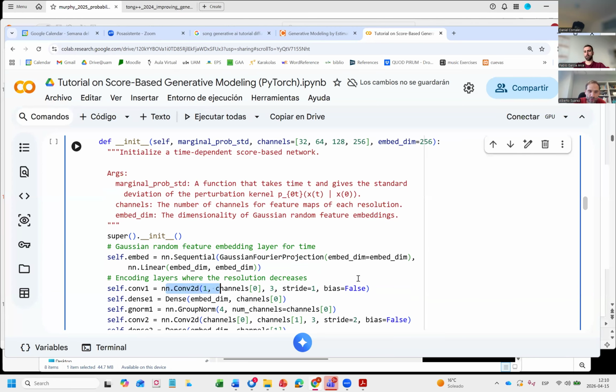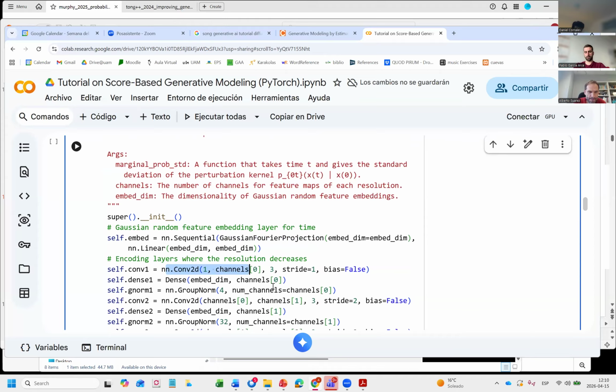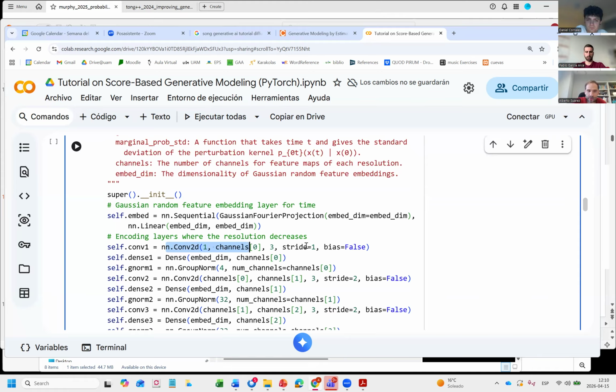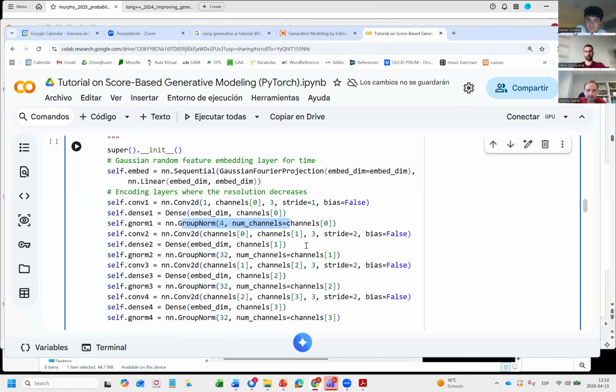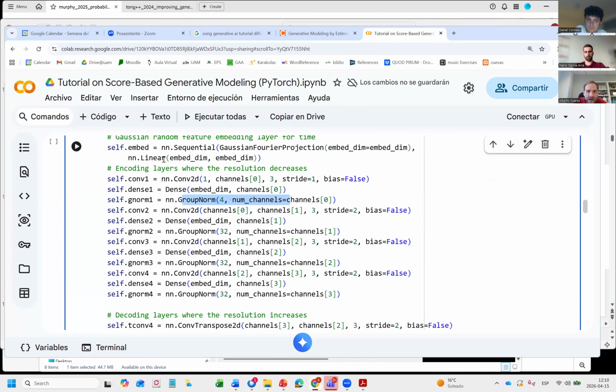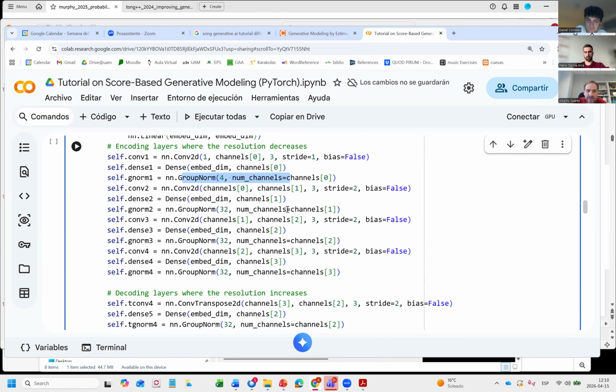Then there are some convolutional layers, because we're dealing with images, some dense layers, some group normalization. I think in this case, if I remember correctly, the time element is included at each of these levels just by addition. By simple addition, you add the encoding of time to each of the pixels of all the channels that you're generating.